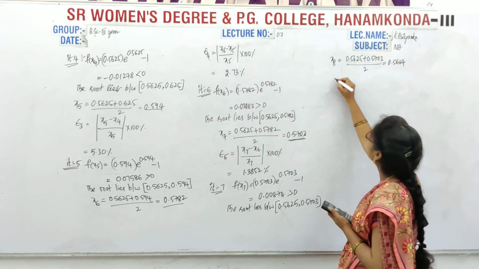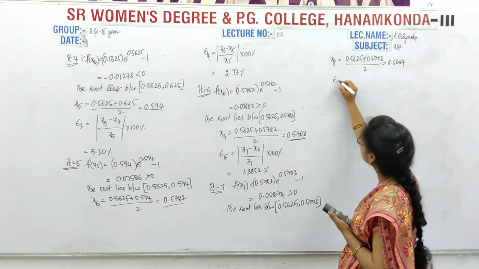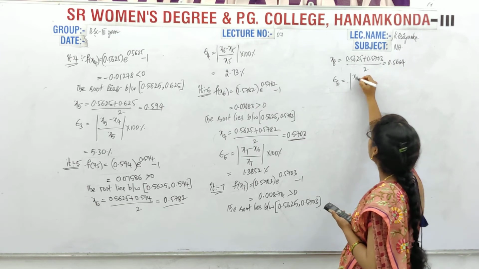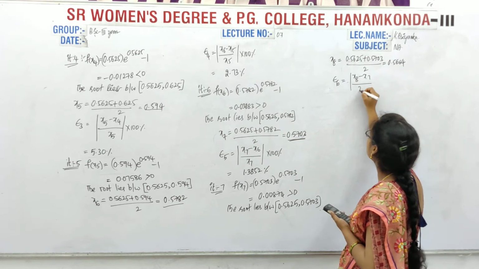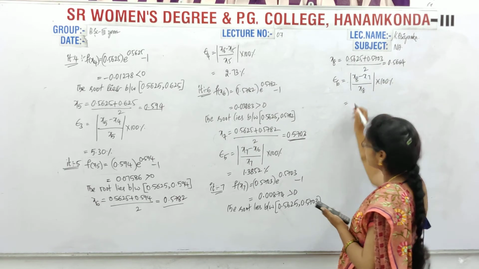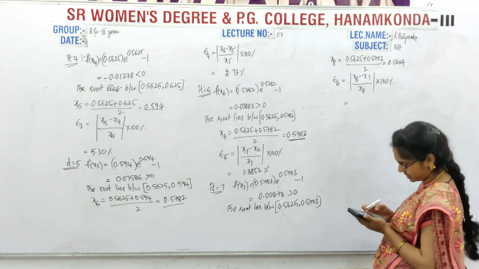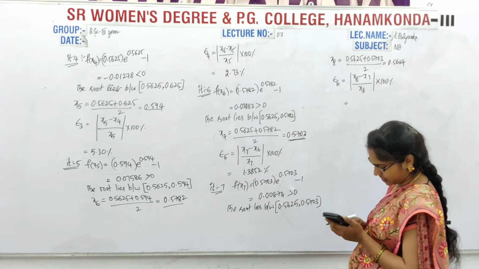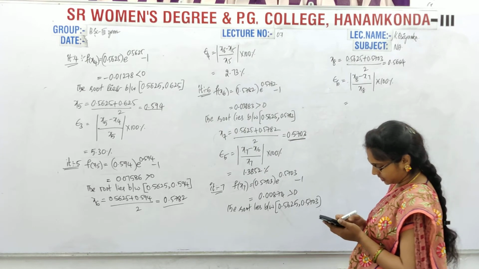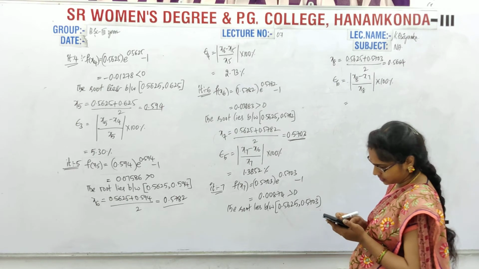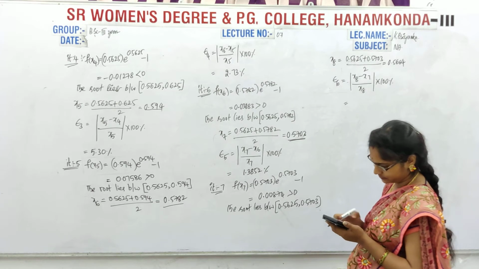It is 0.5664. Now the error epsilon 6 is nothing but (x8 minus x7) by x8 into 100. What is x8? This one, minus x7, which is 0.5703, divided by 0.5664 into 100.